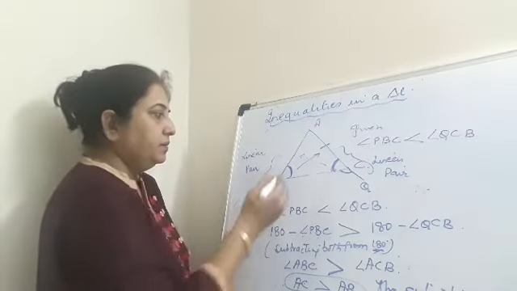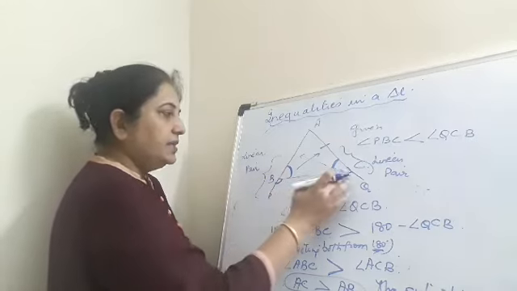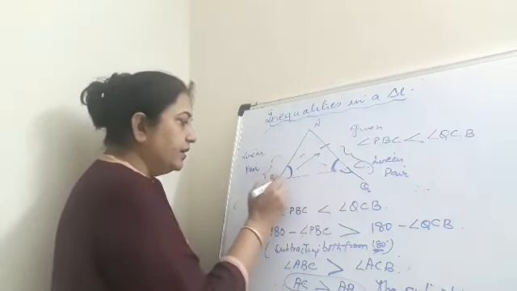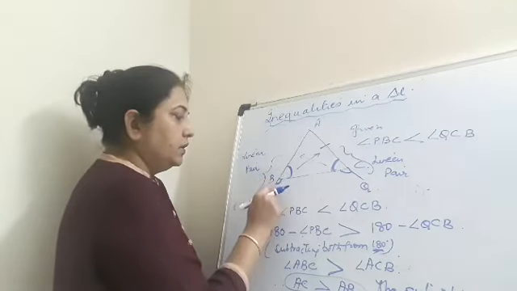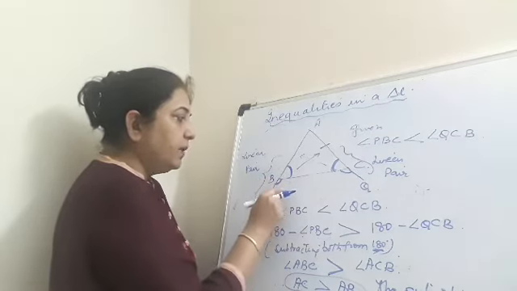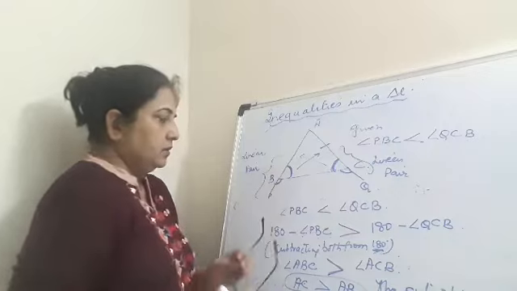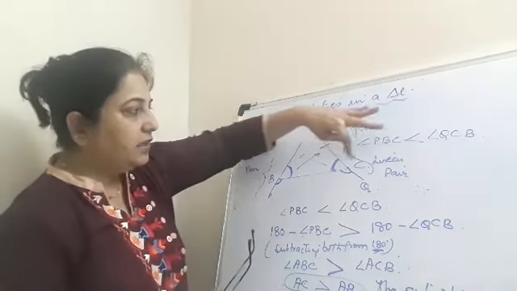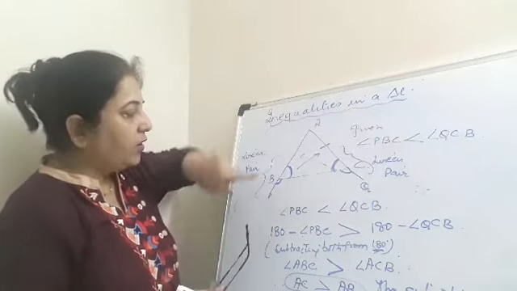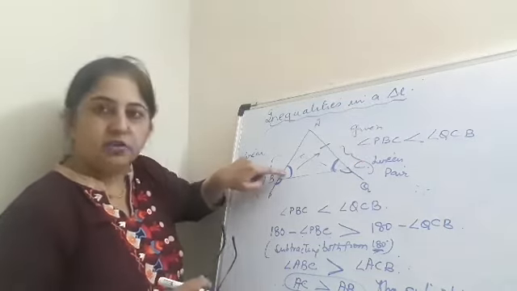Now what we have done, it is given that PBC is smaller than QCB. Now these two angles form a linear pair. Similarly, these two form a linear pair. Now if one is smaller, the other one has to be greater.